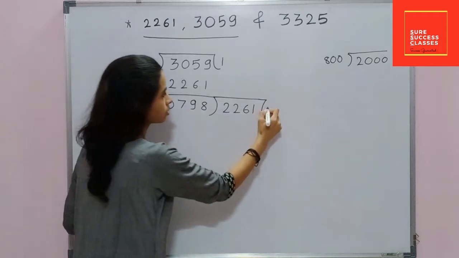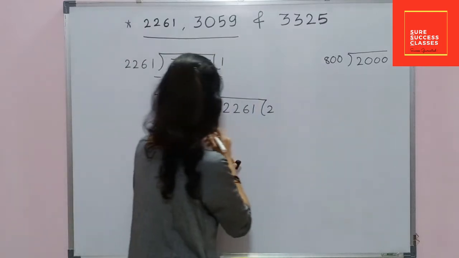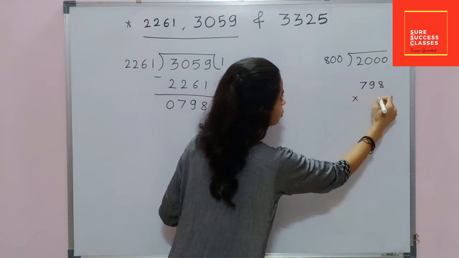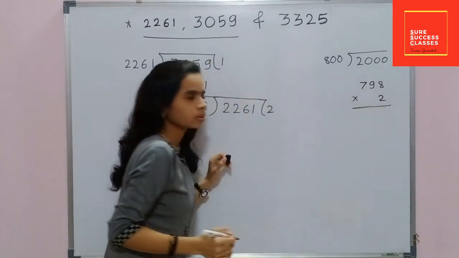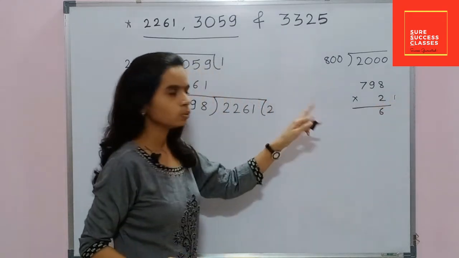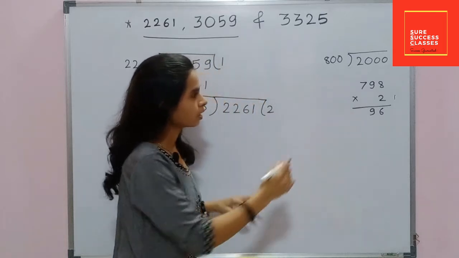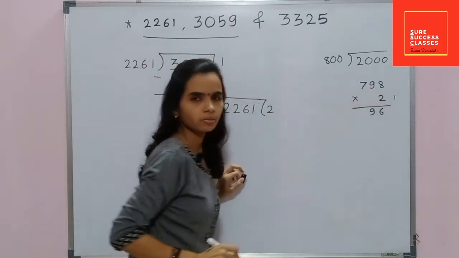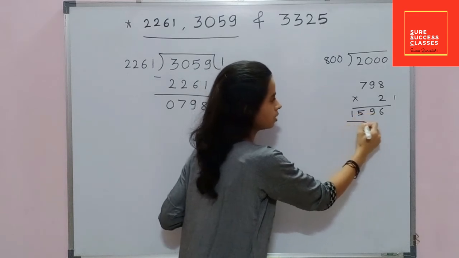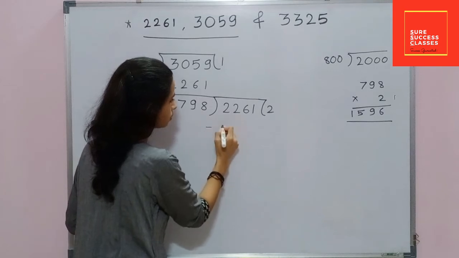But for the actual figure we will check the multiplication. 798 into 2. 2 8s are 16, 1 will remain. 2 9s are 18 and 1, 19, again 1 remains. And 2 7s are 14 and 1, 15. This is the actual number which we have to subtract from this number.